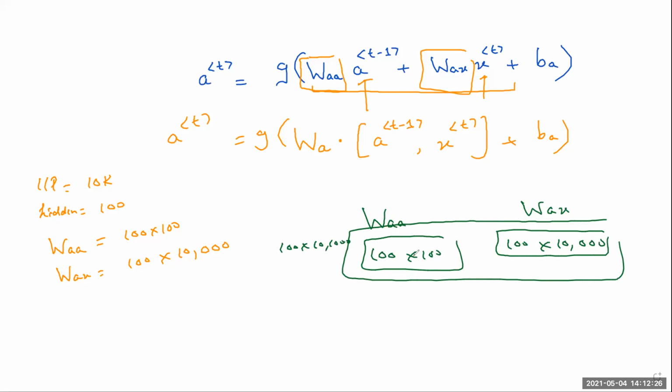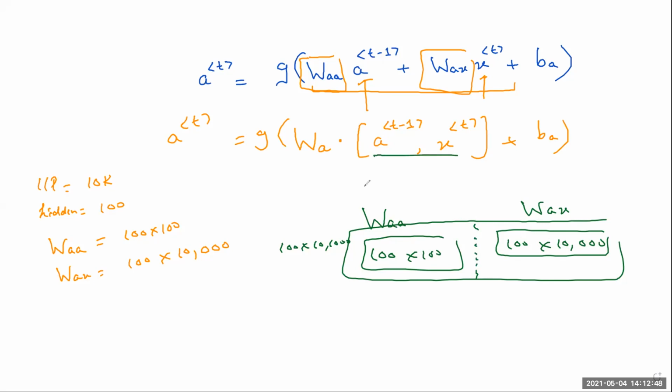The rows remain 100, the columns are 10,000 plus 100. Now it is a big matrix, and I will put a separator, but we know that the first part of this matrix is WAA, which is 100 by 100, and the second part is 100 cross 10,000, which is WAX. We have simply concatenated them into a big matrix.